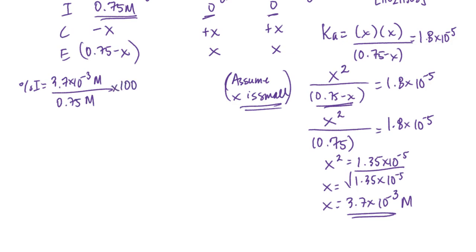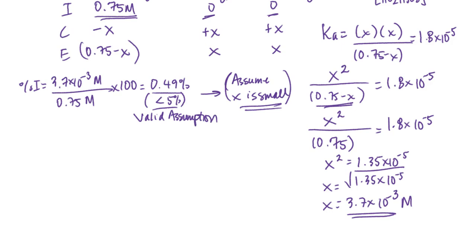And if I multiply by 100, it'll do so in percentage terms. If I go ahead and do this math, I get 0.49%. And again, remember that basically our target here is we want to get less than 5% ionization in order for this assumption to be considered valid. 0.49% certainly is less than 5%, and so luckily for us, our assumption was valid.